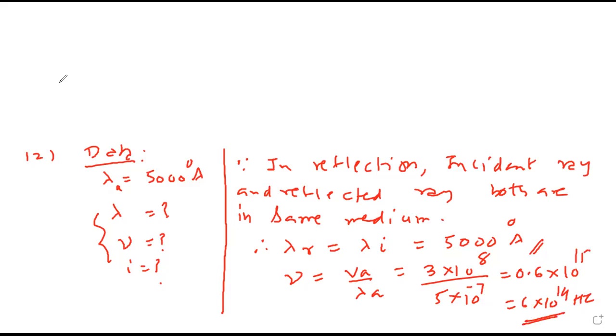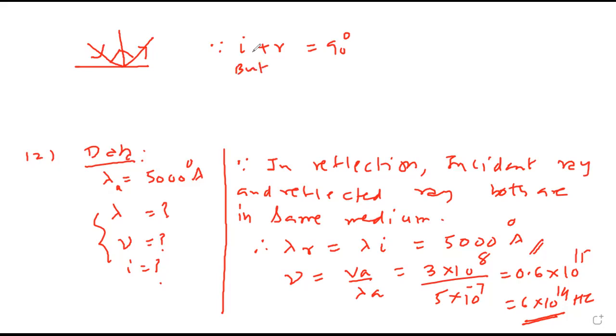Then for what angle of incidence is the reflected ray perpendicular to the incident ray? So angle between incident ray and reflected ray should be 90. So since I plus R should be 90 degree, perpendicular means incident, reflected, they are perpendicular.